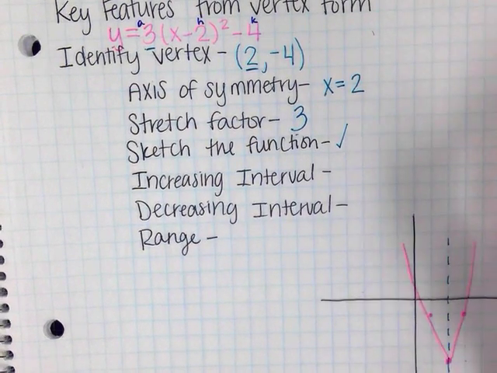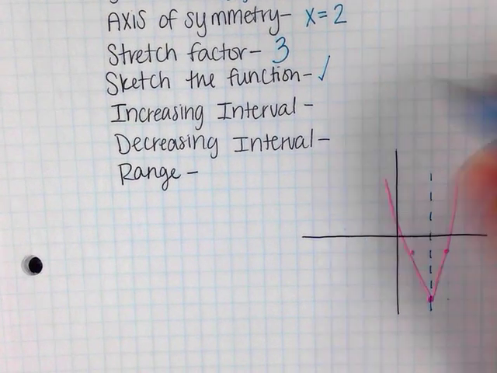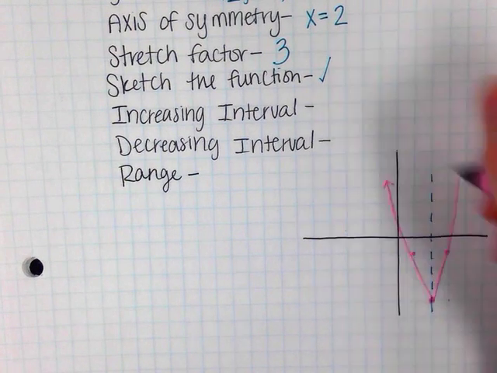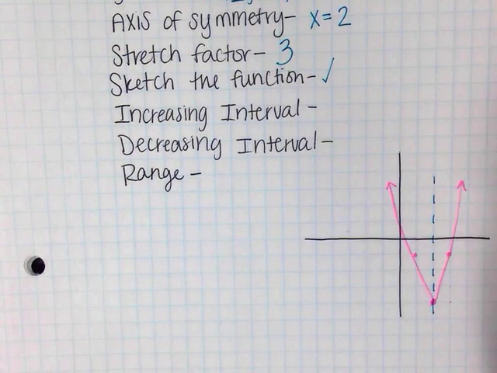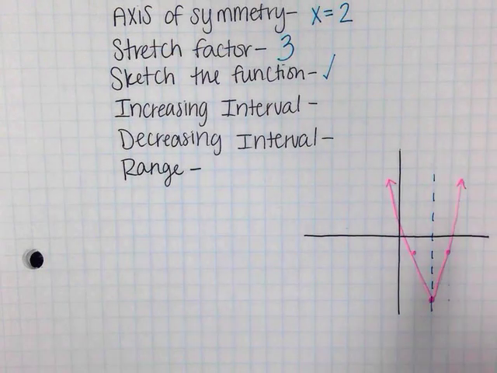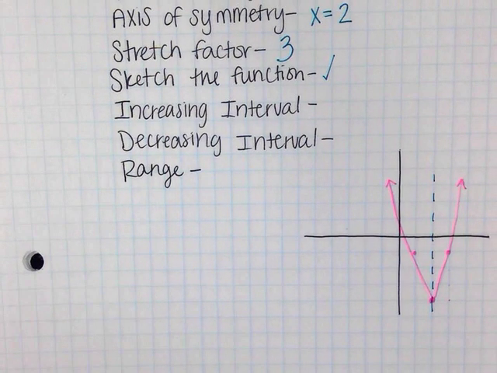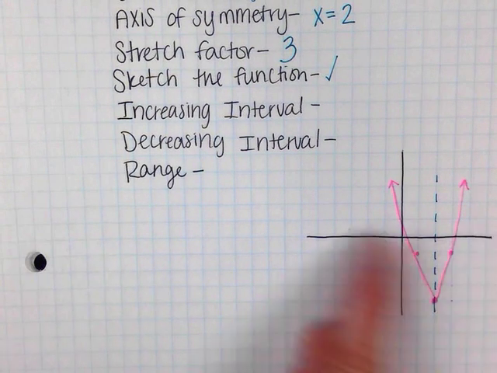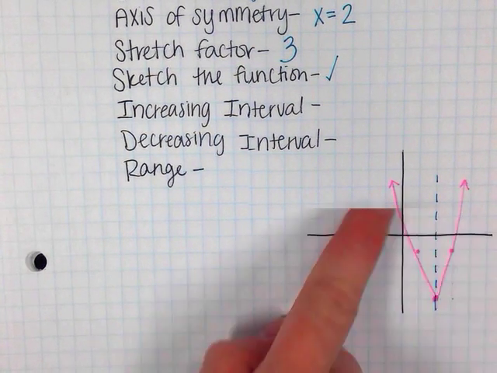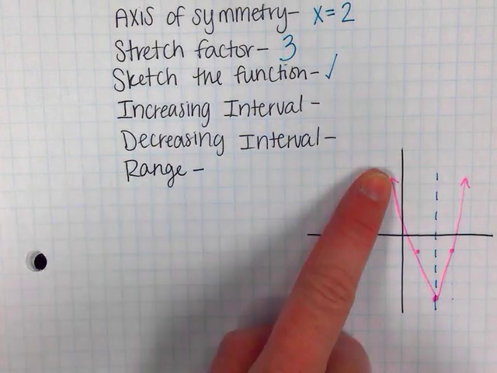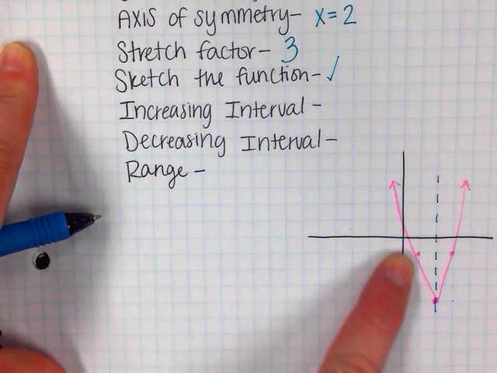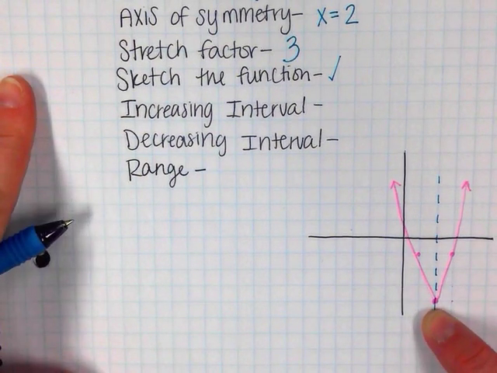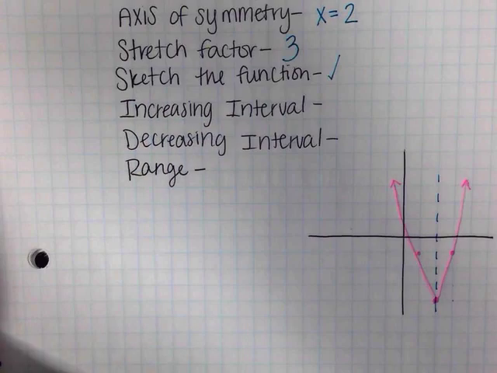The increasing interval. Now this is something that is different. When you're looking at your graph, when is it increasing and when is it decreasing? Well, we always move along the x-axis, getting larger. So as I move from left to right, I'm decreasing, decreasing, decreasing. At the axis of symmetry, or at the vertex, it changes from decreasing to increasing.